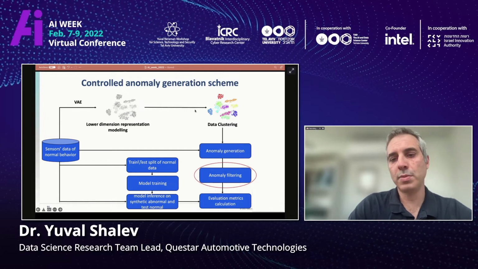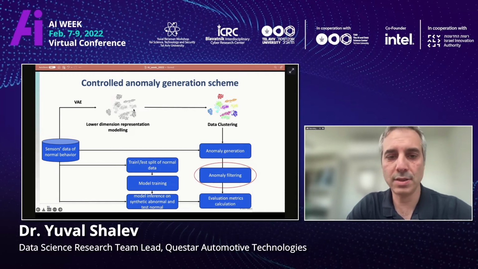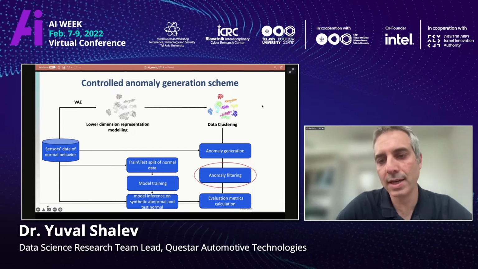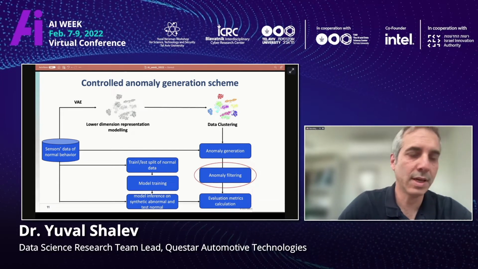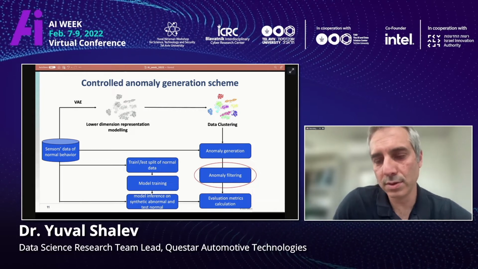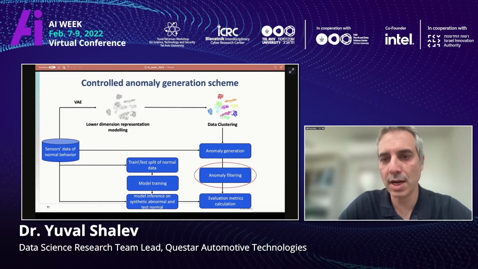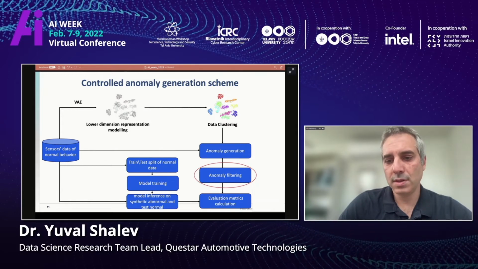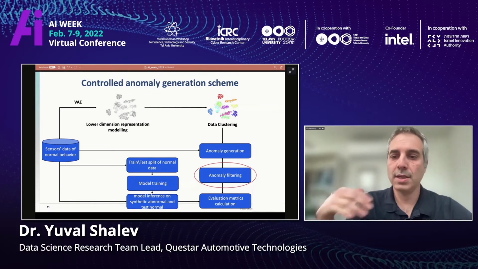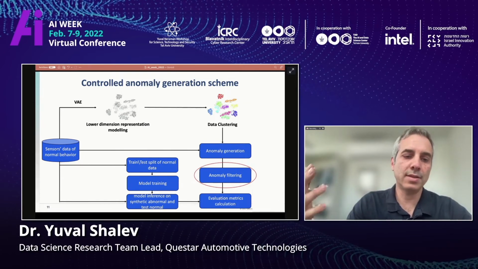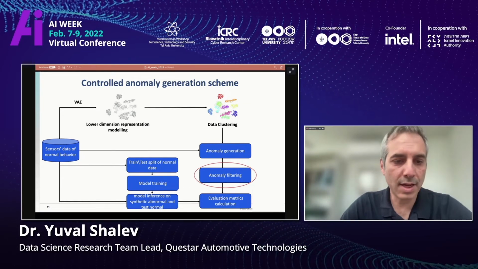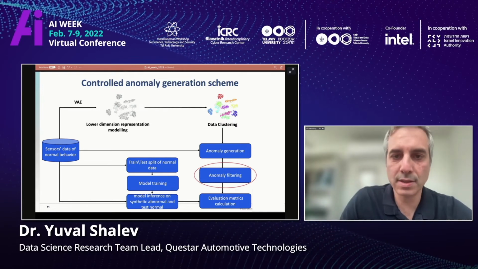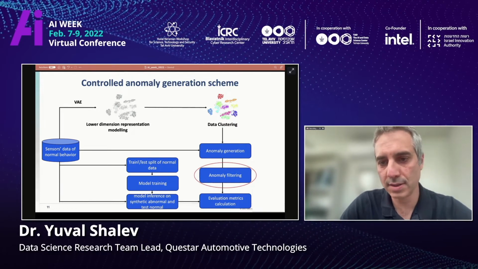And then on this latent dimension representation we perform a clustering scheme, it could be k-means, DBSCAN, constrained k-means, whatever you can think of. And in the meantime, we also generate anomalies based on the true data, in one of the ways that I just described in the previous slide.